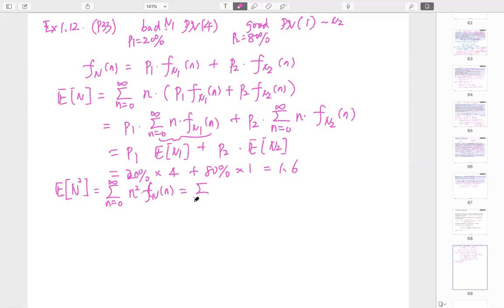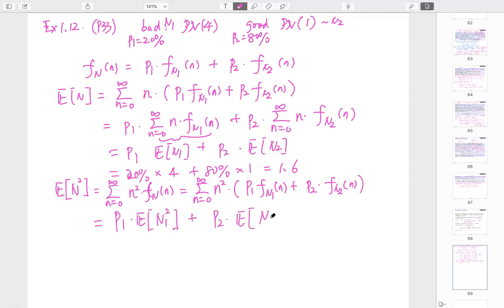So next, I copy the definition of probability: P1 times F n1 plus P2 times F n2. Okay, we already know what we need to do, right? So this time I write things slightly faster. But I do believe you can easily follow why I have this result, right?